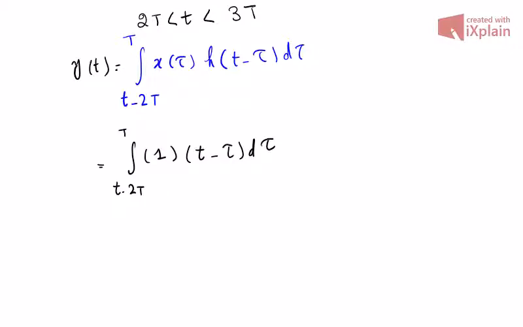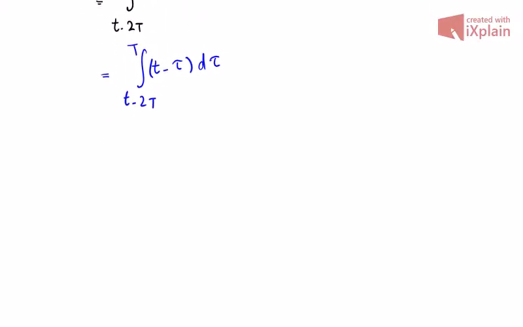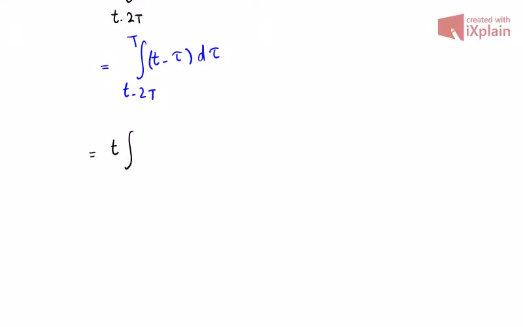Now we are actually evaluating t minus tau d tau in the limit t minus 2 times capital T to capital T. If we integrate this, you can have two integrals: t d tau, and minus tau d tau in the same range, t minus 2T to capital T. Let me write it as an integral first, and then we will integrate it.